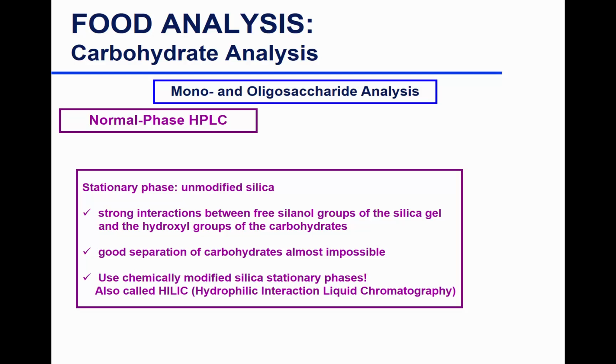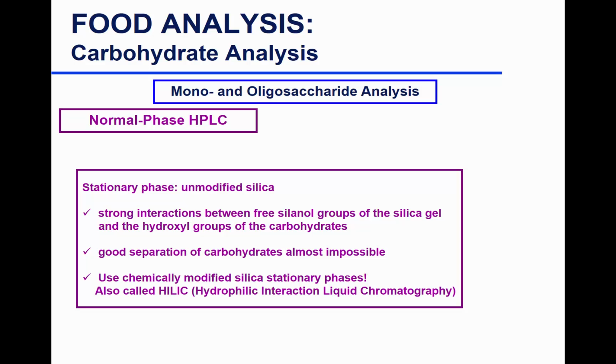Okay, all right. In normal phase HPLC, the stationary phase that is most commonly used is unmodified silica. The cyano groups can interact with the hydroxyl groups of carbohydrates by hydrogen bonding.